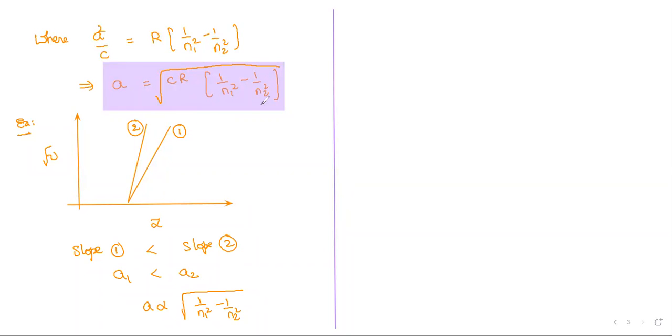For K series, N1 is equal to 1, and for alpha line N2 is equal to 2, and for beta line N2 is equal to 3.